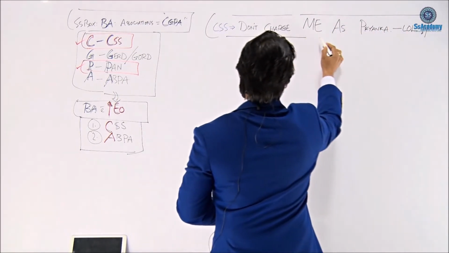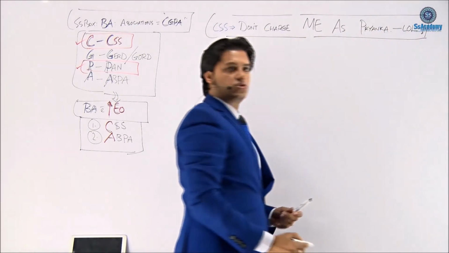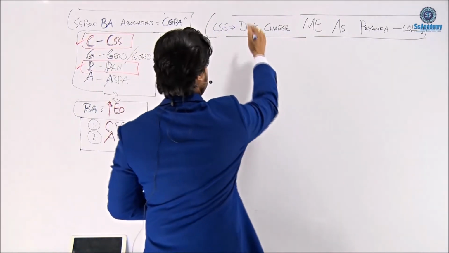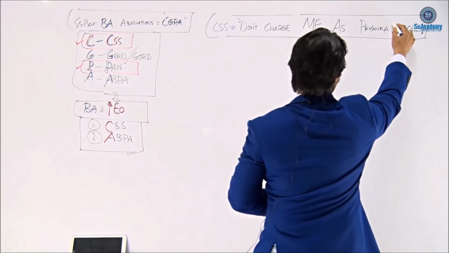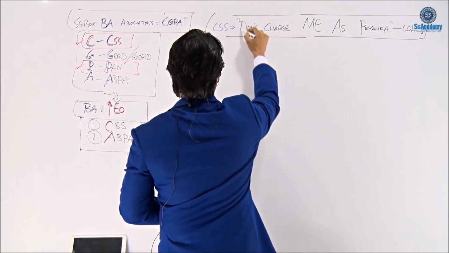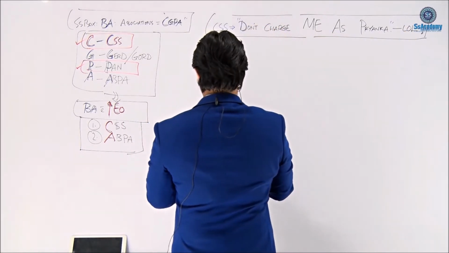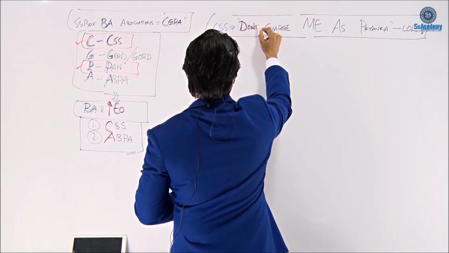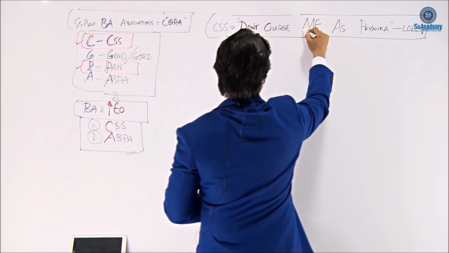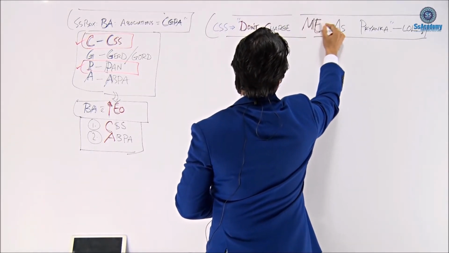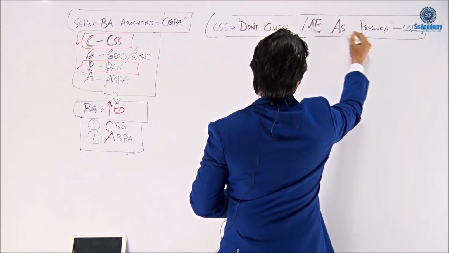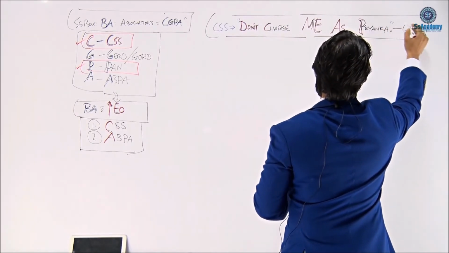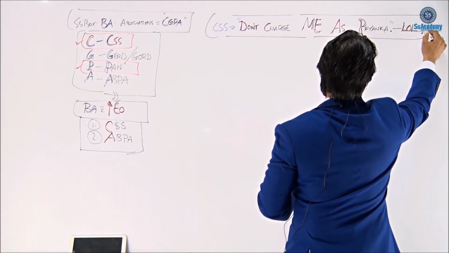Let's see and talk about this Churg Strauss Syndrome. So once again, I'm writing, say with me: Don't charge me as P-ANCA. I'm writing the Don't in red color, because this Don't is really important. Don't charge me as P-ANCA, and the last word, LOL.